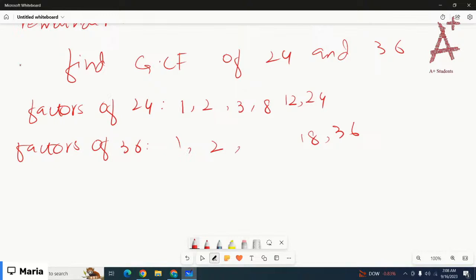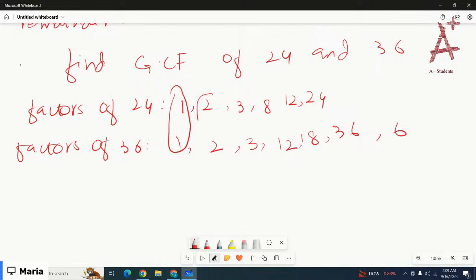Then 3 and 12 are factors of 36. When you divide 36 by 3, you get 12. And 6 times 6 is 36. These are all the factors of 36. Always write them in pair form; this way you do not forget any factors. You have to find the greatest common factor, so look for the common numbers.